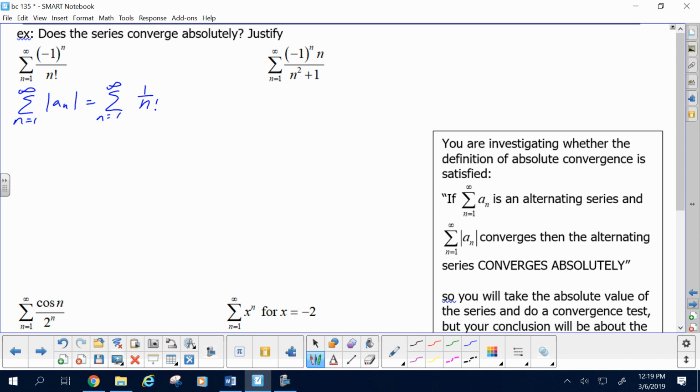Then it becomes like a problem you've done. How would you prove the convergence of that series? The ratio test. So by the ratio test, the limit as n goes to infinity of a sub n plus 1 over a sub n is the limit as n goes to infinity of 1 over (n plus 1) factorial over 1 over n factorial. What does that limit pan out as? 1 over n plus 1, which is 0, which is less than 1.